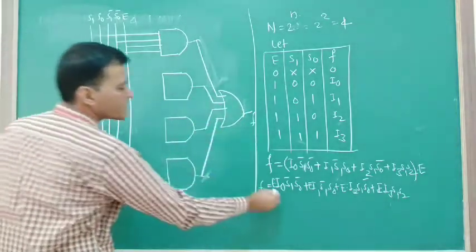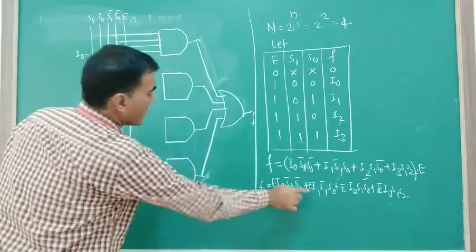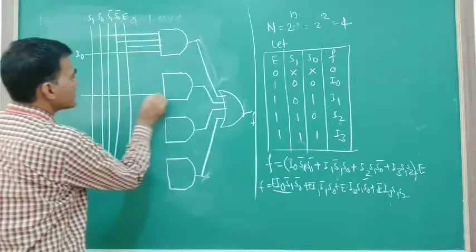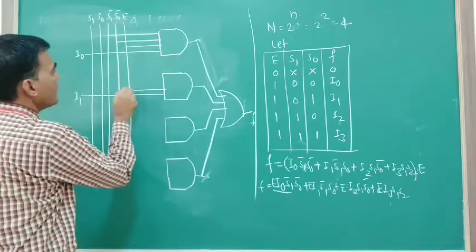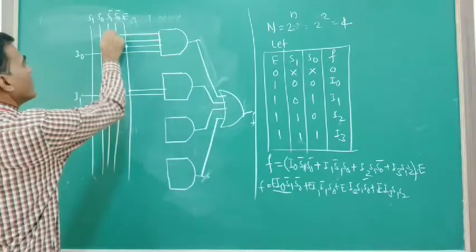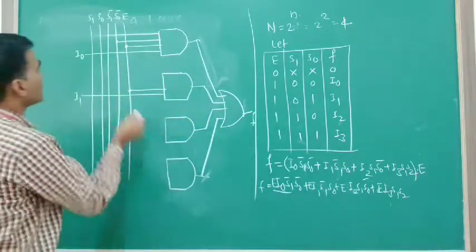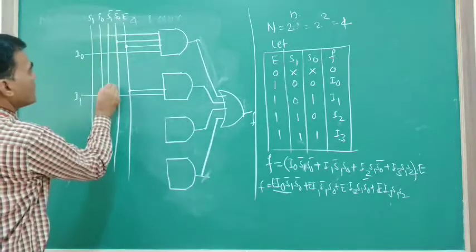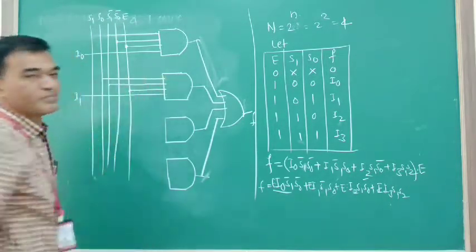Now the output will be this first. Similarly here, I1 is the input. Let us say this is I1, which is an input, another input is the enable pin, then S1 complement and S0. So here we have S1 complement and S0.